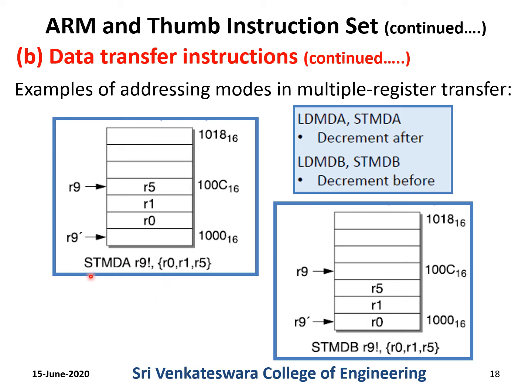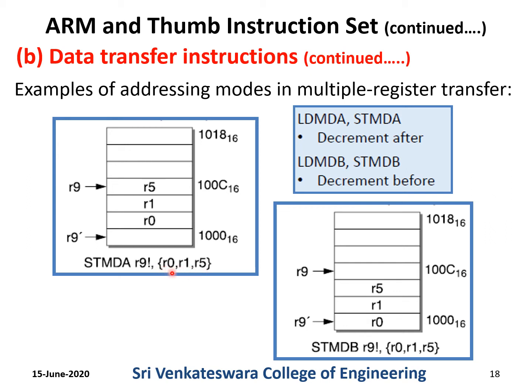Here again, store instructions with decrement after and decrement before are illustrated. There is one point to be noted here. First I'll explain how it works. STMDA R9, {R0, R1, R5}.